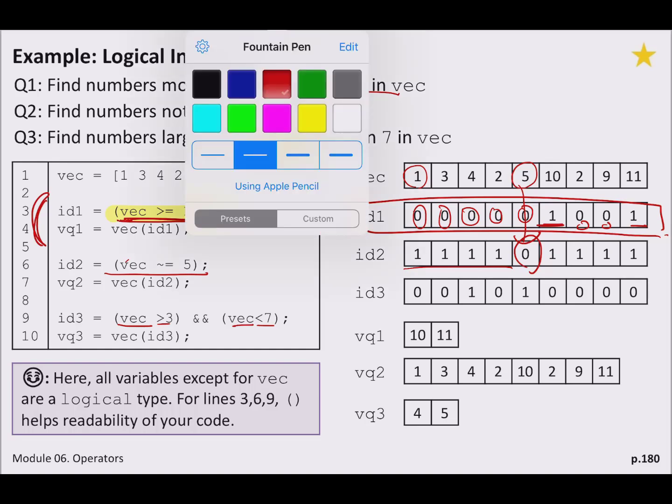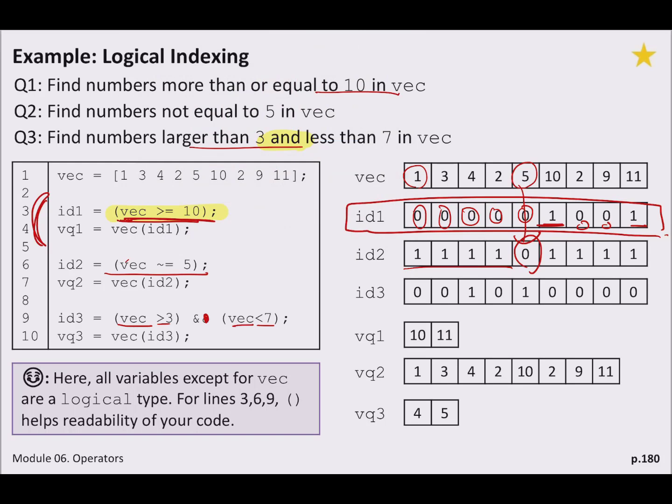That should be only 1 AND, right? Because these are vector and vector operations. So ID 3 becomes a 1.